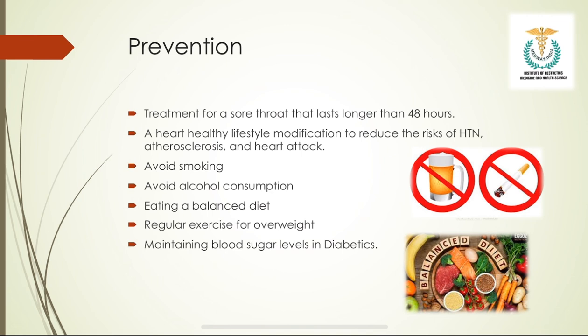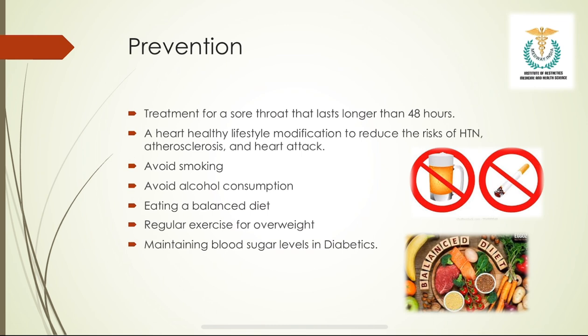And a healthy lifestyle modification to reduce the risk of hypertension, atherosclerosis and heart attack. Avoid smoking and alcohol consumption, eat a balanced diet, exercise regularly, and maintain blood sugar levels in diabetics. If the patient is obese or has an increased BMI, then he has to follow a proper lifestyle, a healthy diet and regular exercise to maintain his weight and a balanced life.